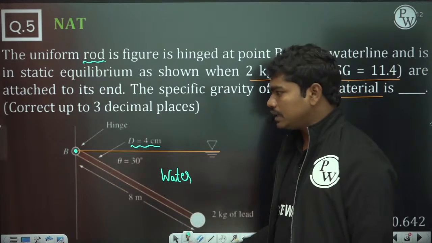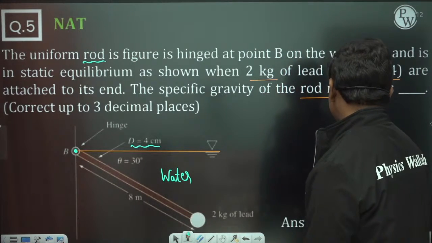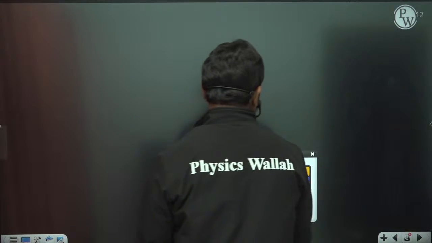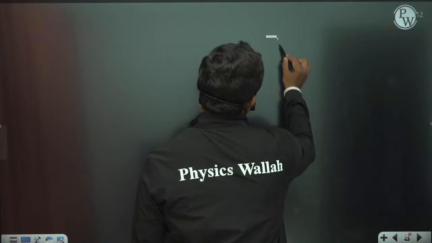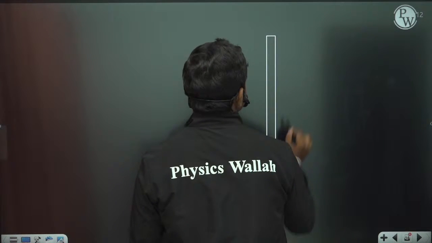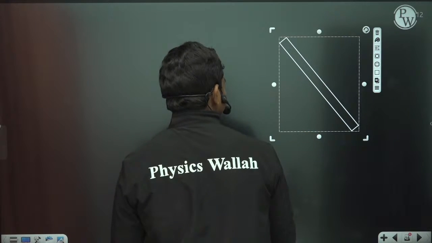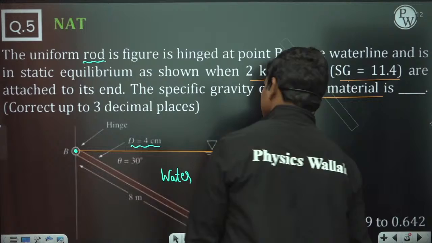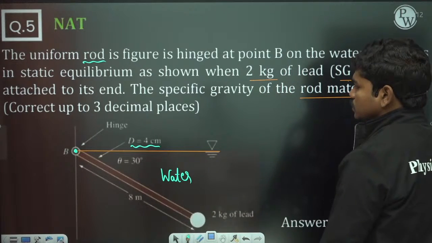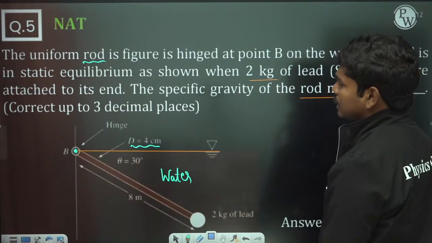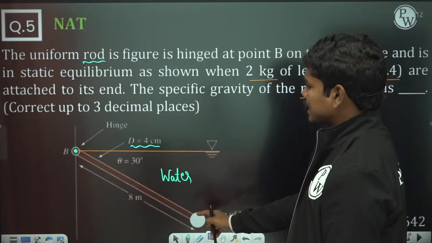So it's very simple. Let us apply the free body diagram and evaluate. If you draw the free body diagram, this is in water, so let us calculate the total moments acting on this body.